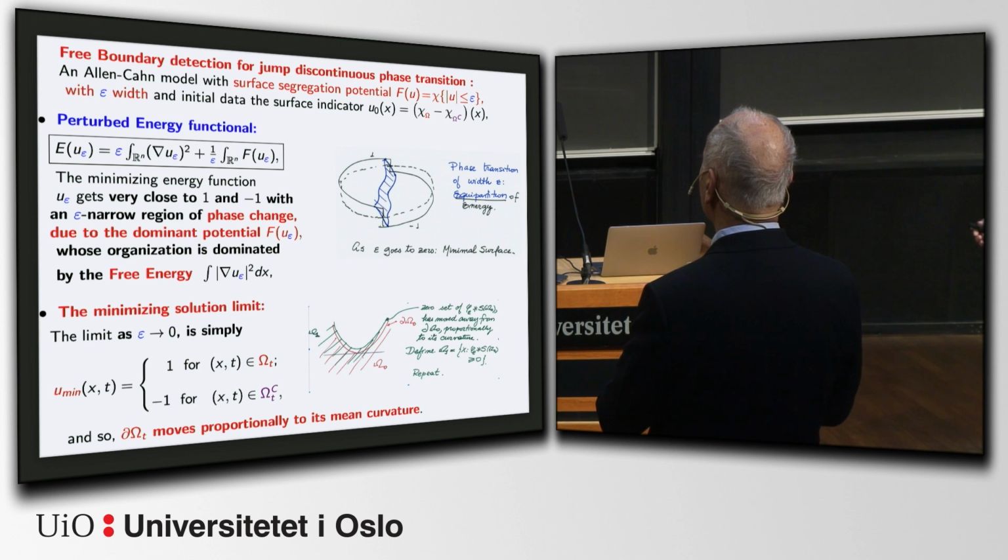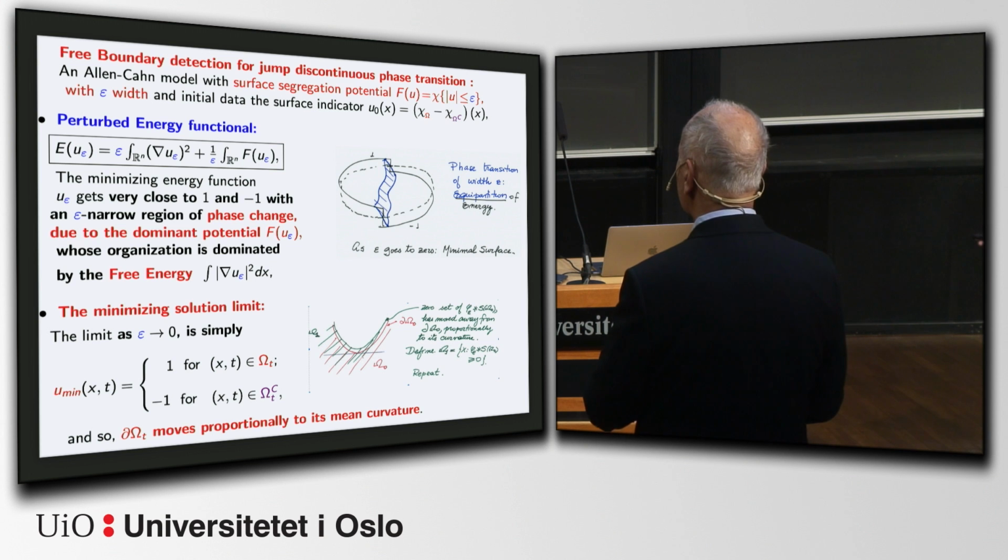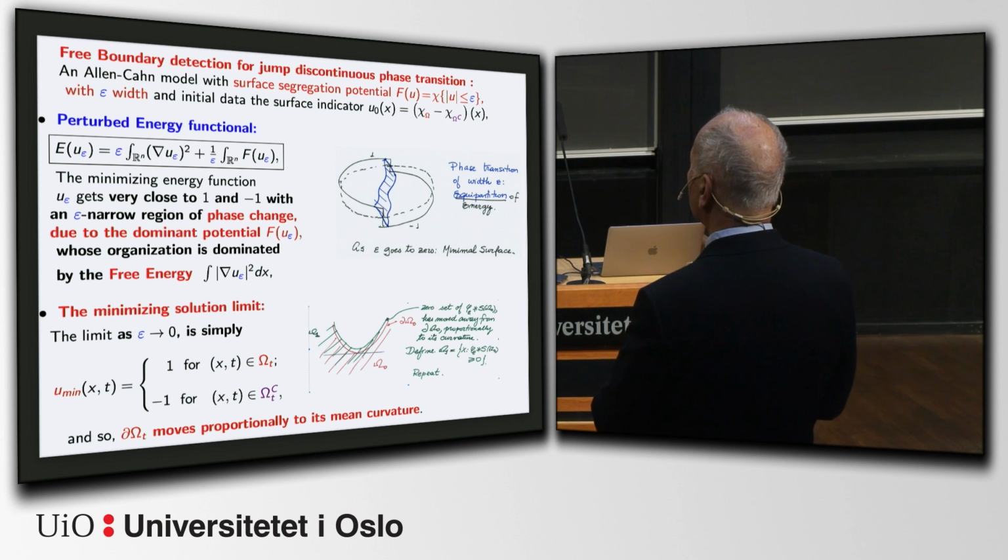Another type is if you have something like this, right? So this is another minimizer solution limit, right? So when epsilon goes to 0, okay, let me see. You have u sub t, and here what you have is the boundary of omega, right?